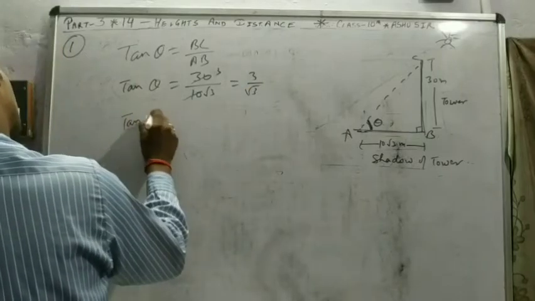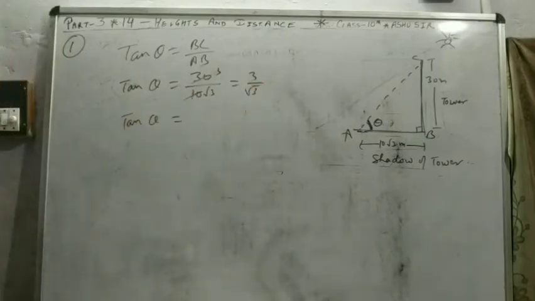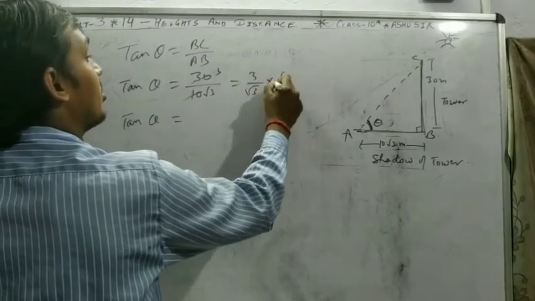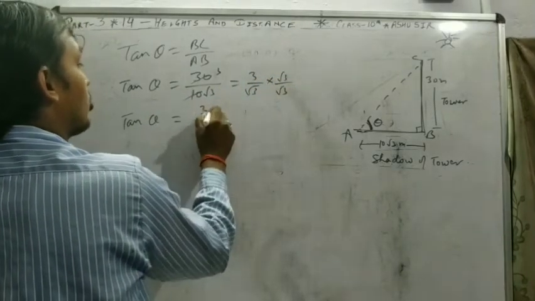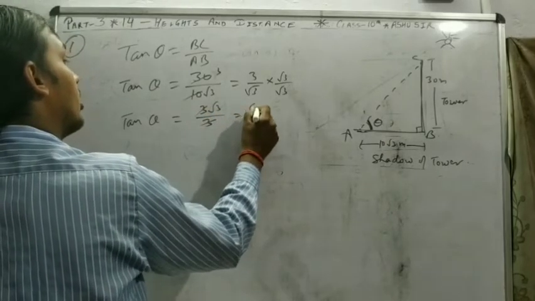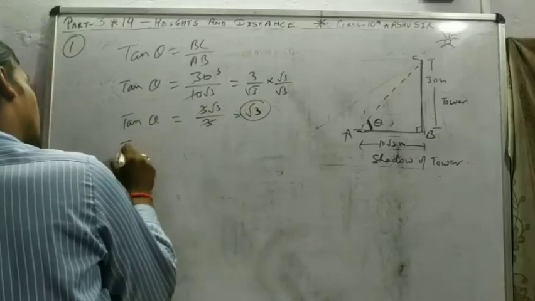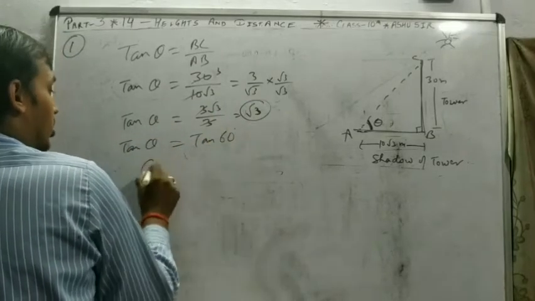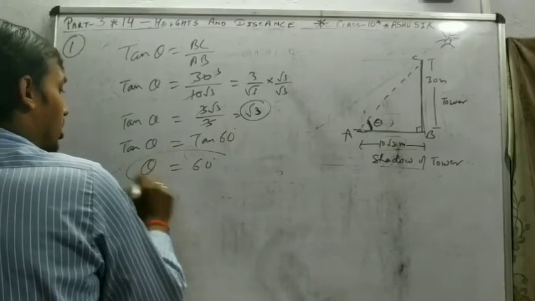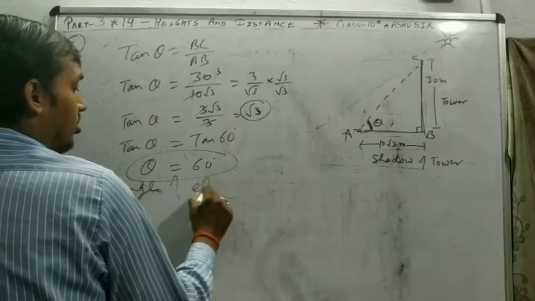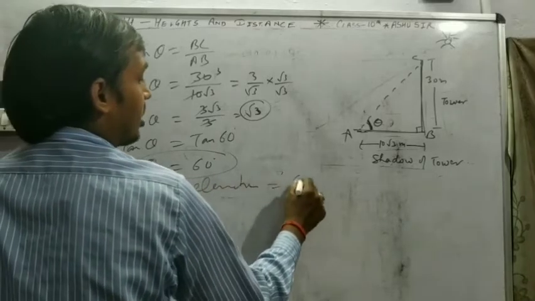Don't be shocked, sir, there is no value in 10. No, it can be rationalized to the simplest form. So you get only √3, and the value of root 3 in tan, that is tan 60 degree. So the angle of elevation is 60 degree.